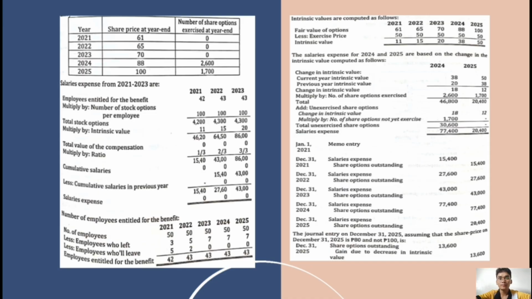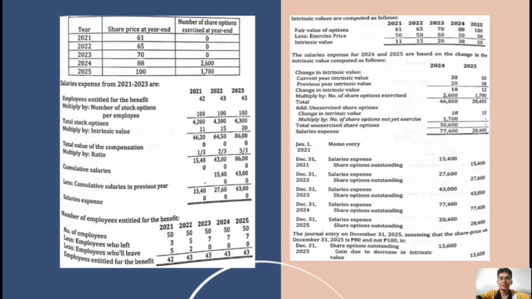In 2021, 4,200 times 11 equals 46,200, and $15 in 2022, 4,300 times 15 equals 64,500. $20 in 2023, 4,300 times 20 equals 86,000 in 2023.